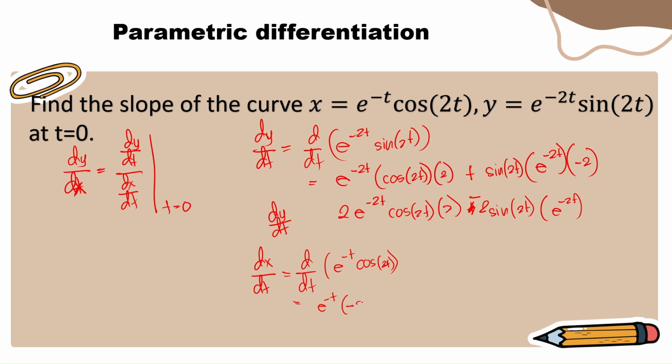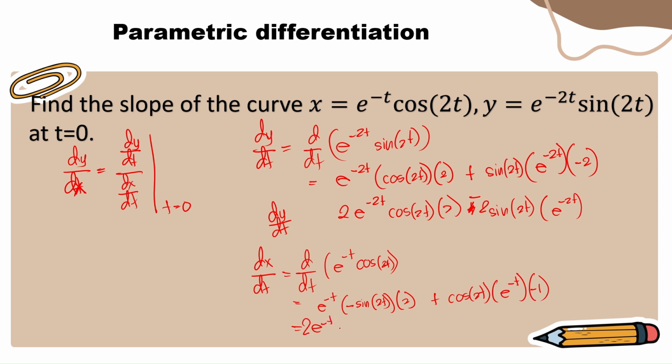That will be negative sine 2t. The parenthesis is important here. Then multiply it with the derivative of 2t, which is 2. Plus, copy cosine 2t. Then get the derivative of e raised to negative t. So, e raised to negative t times negative 1.